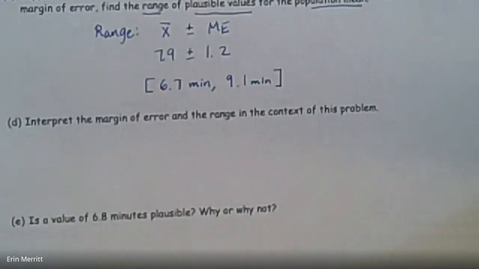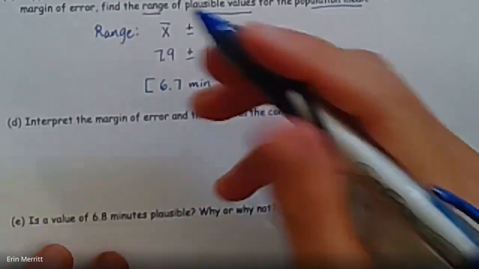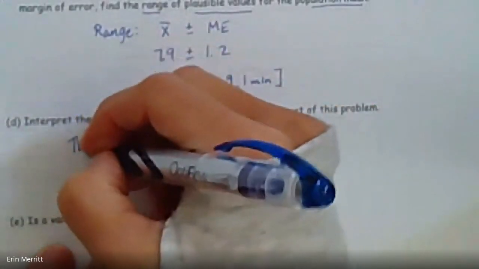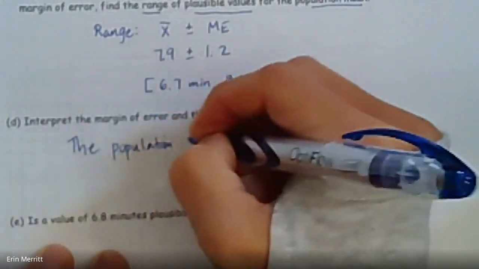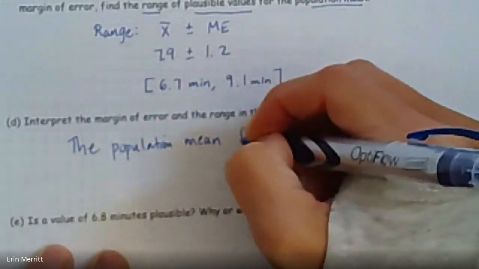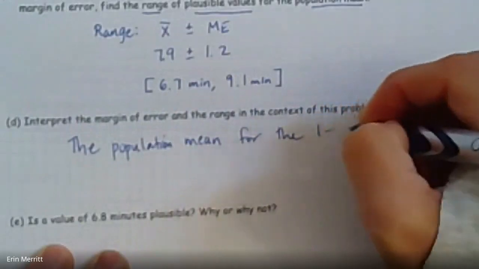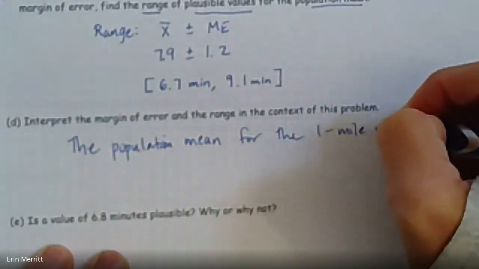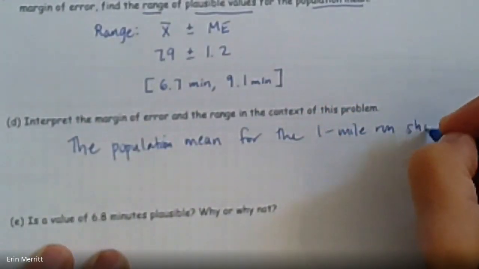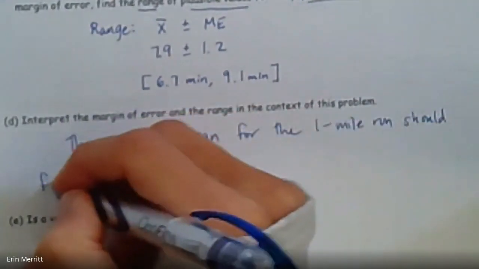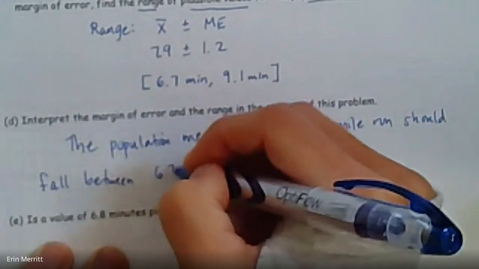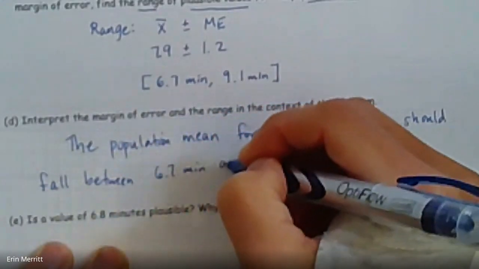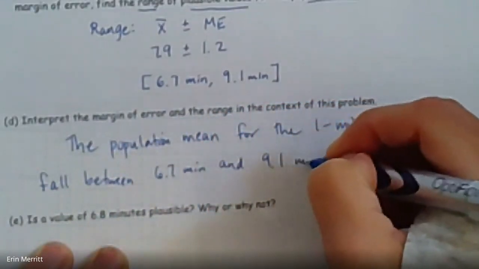And then when it says interpret the margin of error and the range in the context of the problem, we would say that the population mean for the 1 mile run should fall between 6.7 minutes and 9.1 minutes.